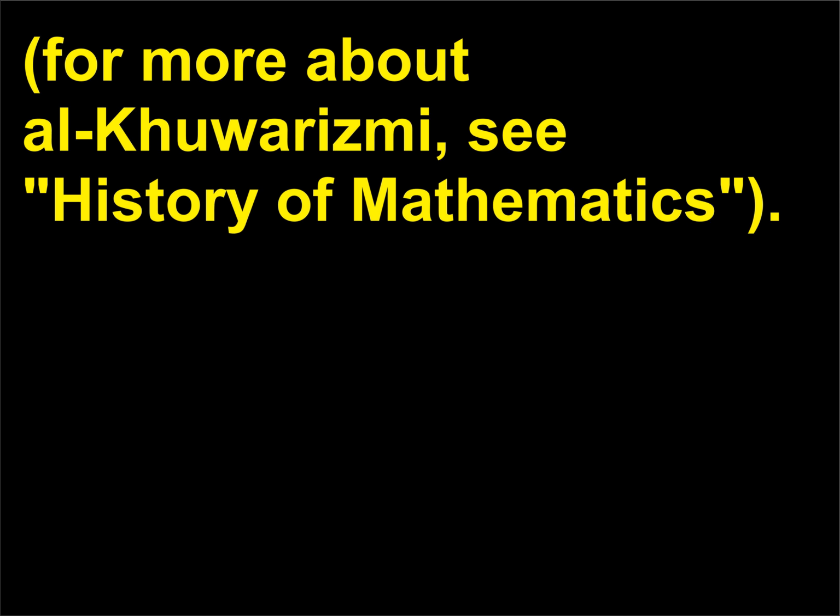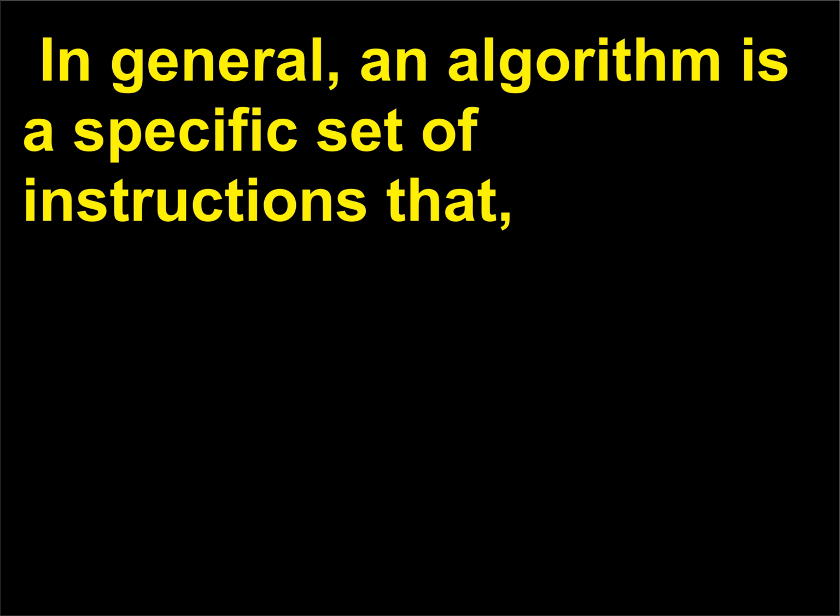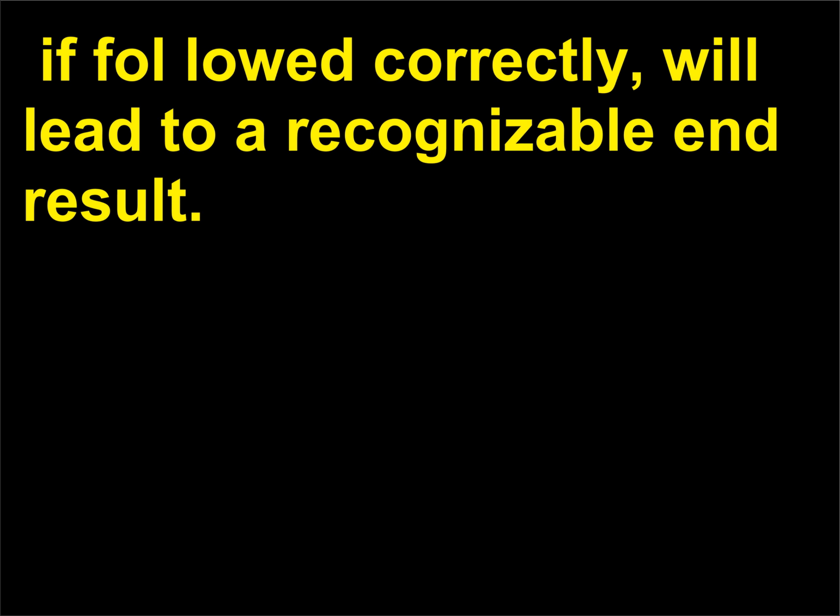For more about al-Khwarizmi, see History of Mathematics. In general, an algorithm is a specific set of instructions that, if followed correctly, will lead to a recognizable end result.